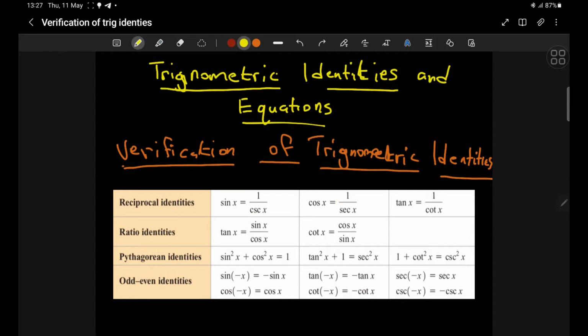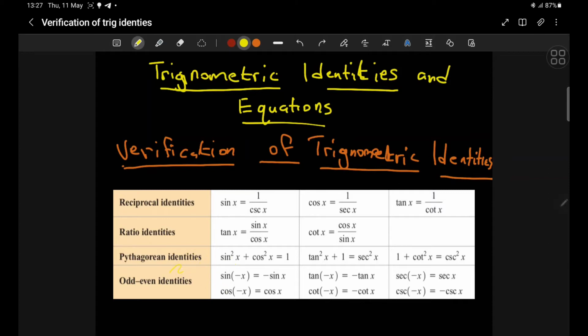You should know all these fundamental identities, because if you don't, it will be very difficult for you to resolve expressions. We have the ratio identities, the Pythagorean identities, and eventually the odd and even identities. You should be able to work around these. With the questions that we're going to be looking at, we need knowledge of this to be able to answer any kind of question.